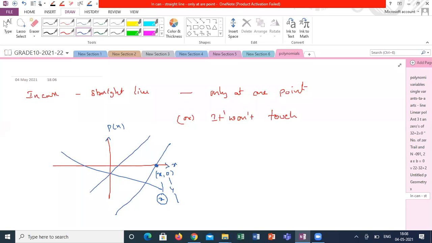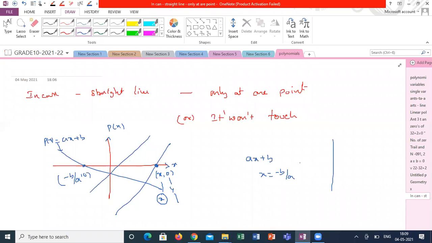Suppose I am drawing the line ax plus b, it will intersect at minus b by a. This line I can show as ax plus b, the equation of this line. So they concluded this line will touch at only 1 point because it's a straight line, and where it is touching shows the zero of the polynomial.